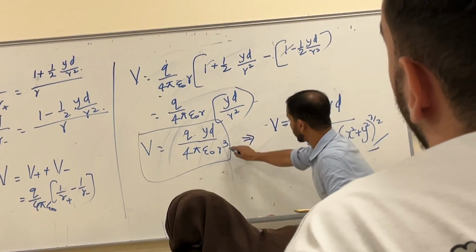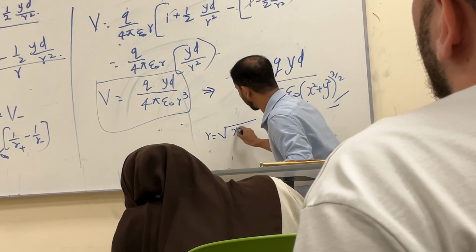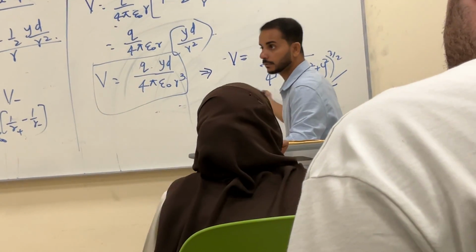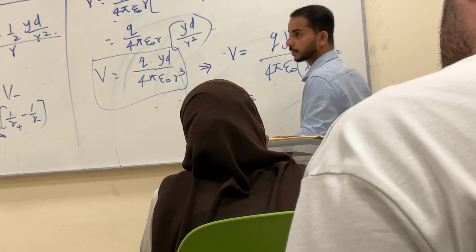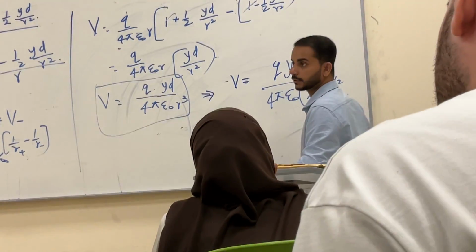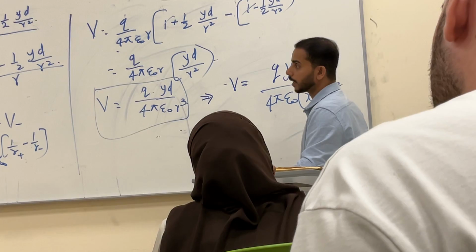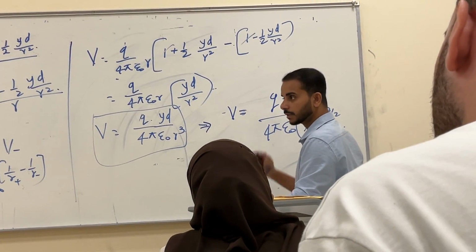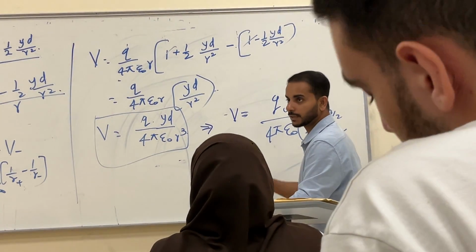I just wrote that instead of R cubed. So R is square root of x squared plus y squared, so R cubed will be 3 times of that, so 3 half. If you didn't follow this one, take a picture and practice yourself and just ask me later.